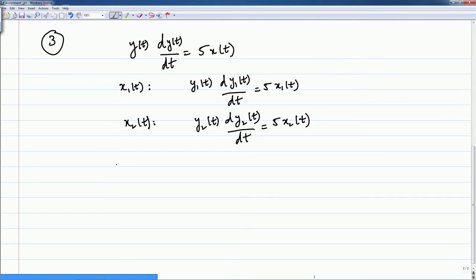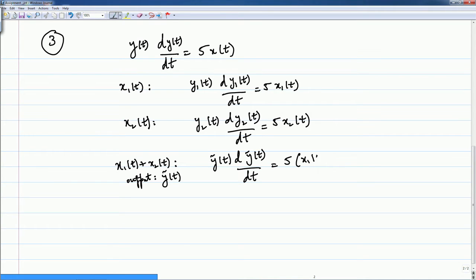On the other hand, if the input is x1 of t plus x2 of t, then let us say the output corresponding to this, we need a notation for that, I will call it y tilde of t. Then you will have y tilde of t times d y tilde of t by dt equals 5 times x1 of t plus x2 of t.